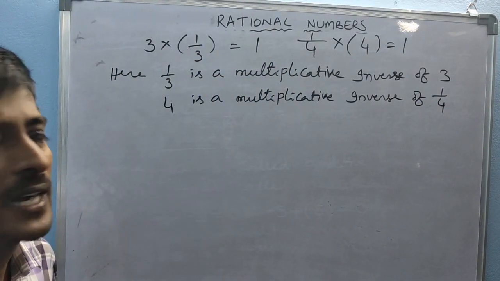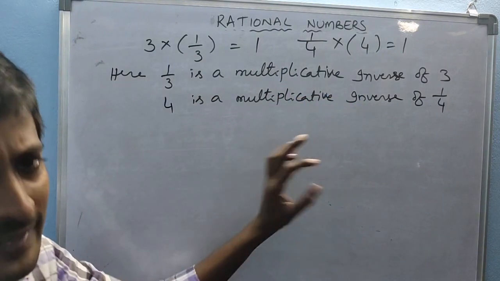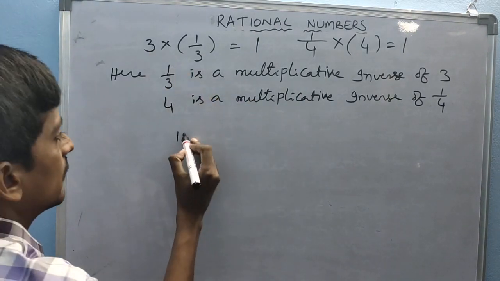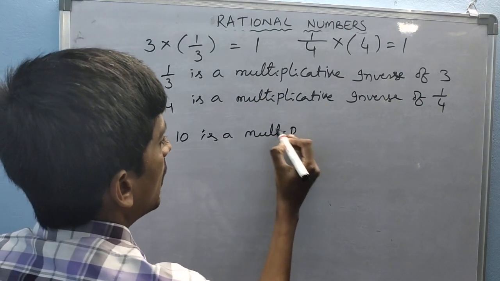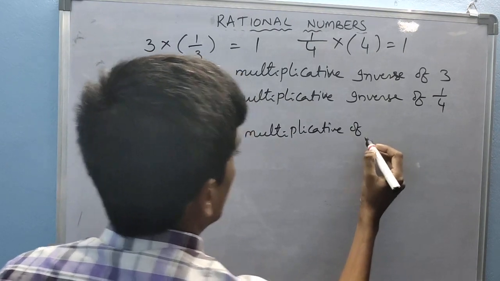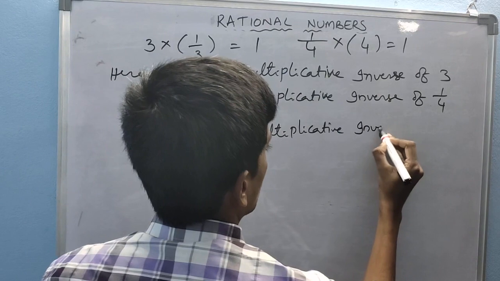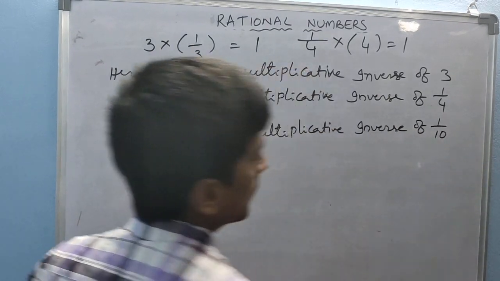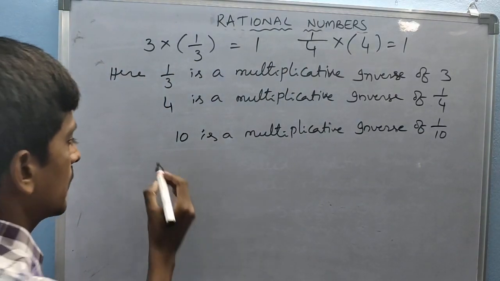For example, 10. What is the multiplicative inverse of 10? 1 by 10. Write the reciprocal only. 10 is the multiplicative inverse of 1 by 10.